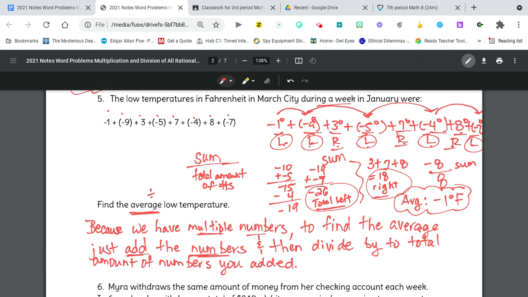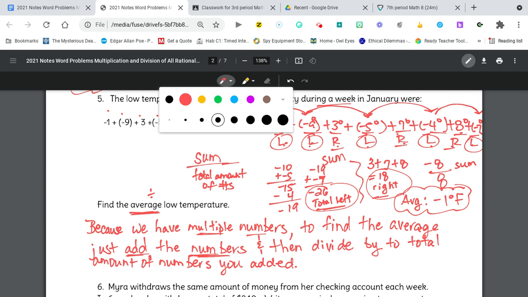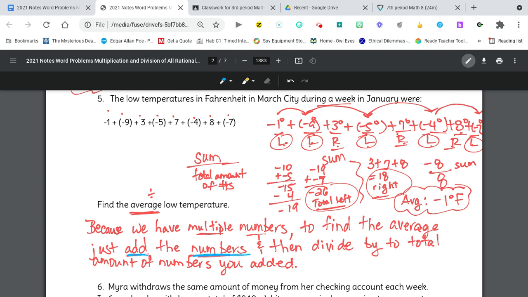So I hope you all understand where I got that -8 from to start off with. So all I did again to find the -8 is I just added the numbers. So I took -1 and -9 and -5 and -4 and -7, and I added them.